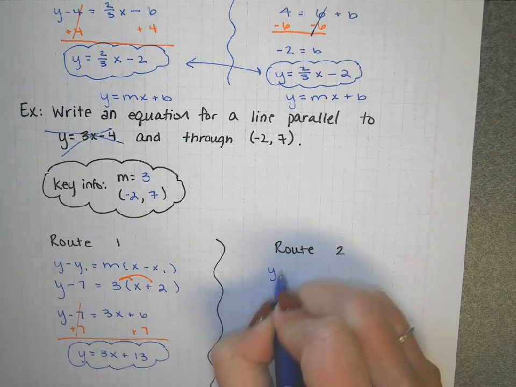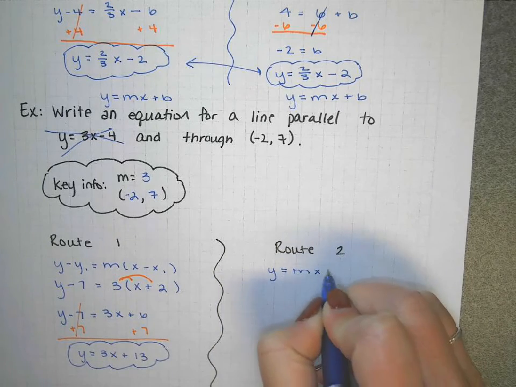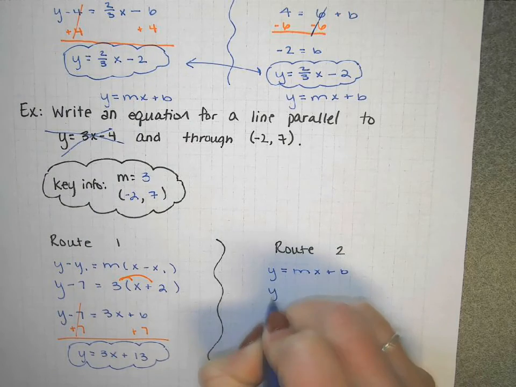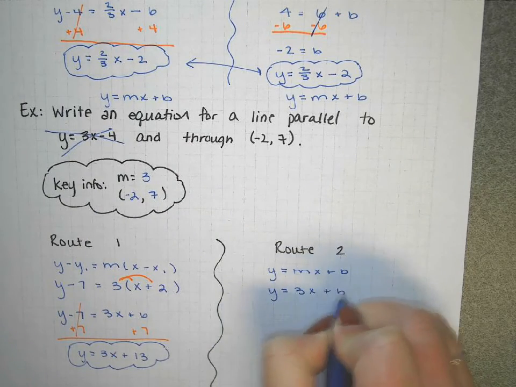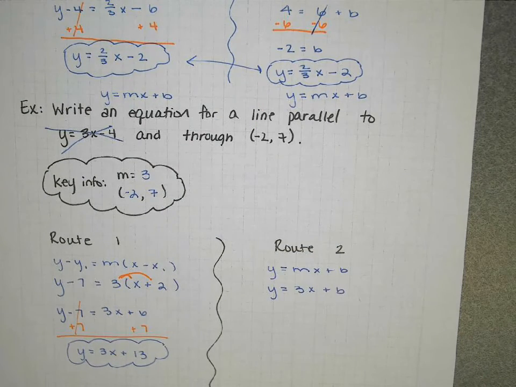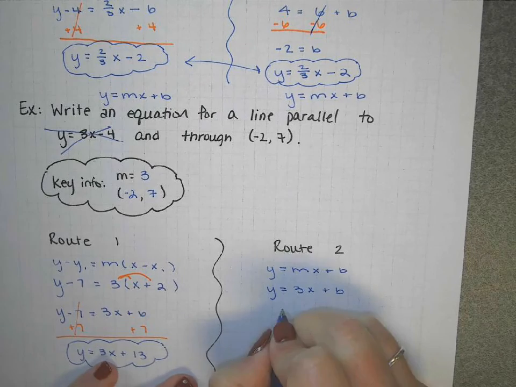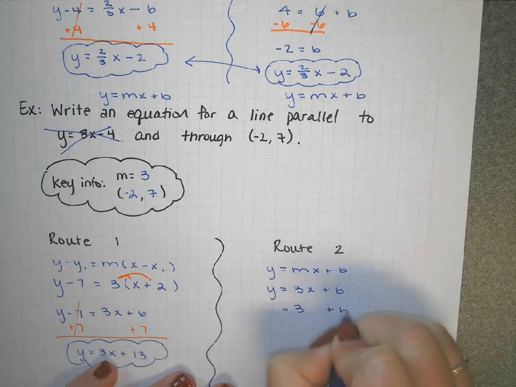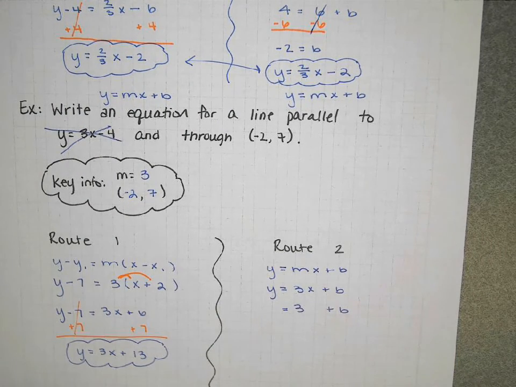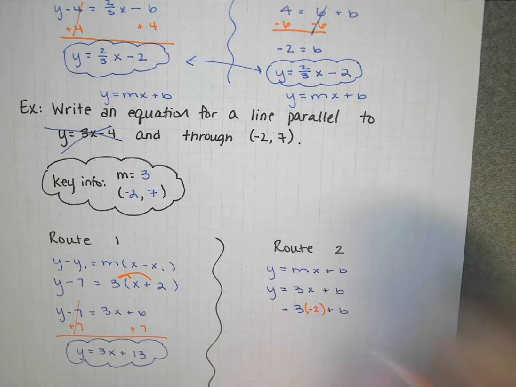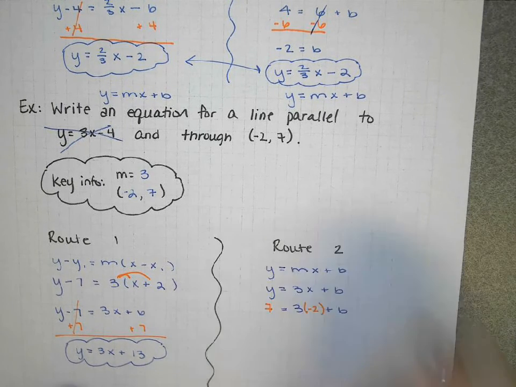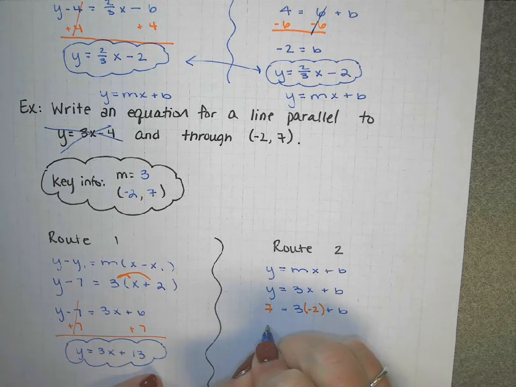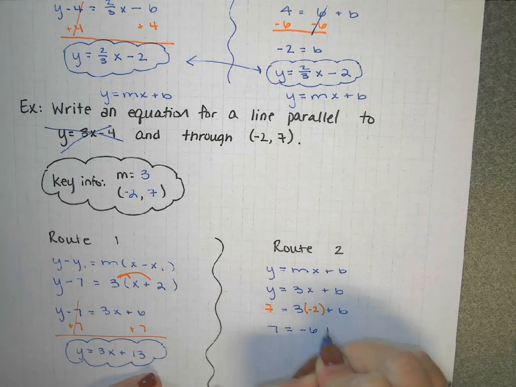If I'm trying to write it in the form of y equals mx plus b, I already know that my m is 3, but I can't write it like this because I don't know what b is. So what I'm going to do is I'm going to have to plug in the x and y that I do know, because I know if x is -2, I'm going to get 7 for y. And what I can do is I can figure out what b would actually satisfy this equation. 7 equals -6 plus b.